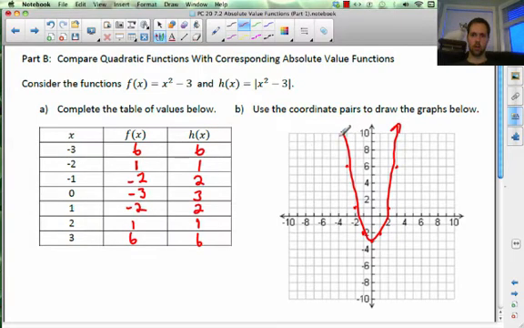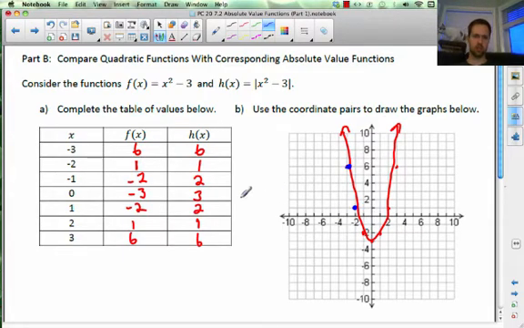Now, anything negative is not allowed in an absolute value function. So this part that's below the x-axis, this is the negative part. And you're going to see something interesting that happens with that when we plot it. So this point is the same, negative 3 and 6. This point is the same, negative 2 and 1.